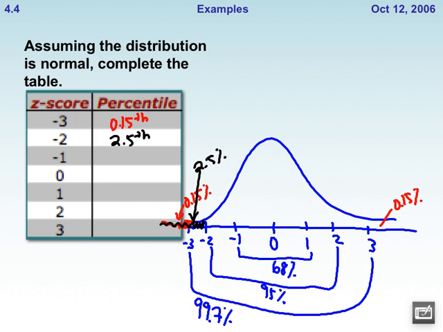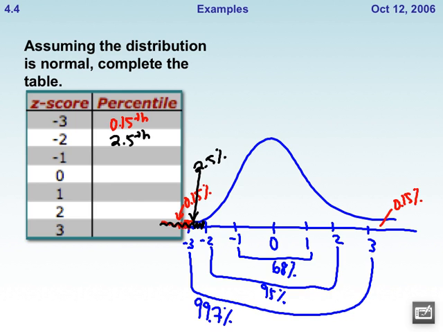So 68% has to be between negative 1 and 1. That means 32% has to be on the other sides. 16 divided by 2 is... no, you don't divide by 50. So 68 happens between 1 and negative 1, right? You want to know how many is from negative 1 to 3, or negative 3.